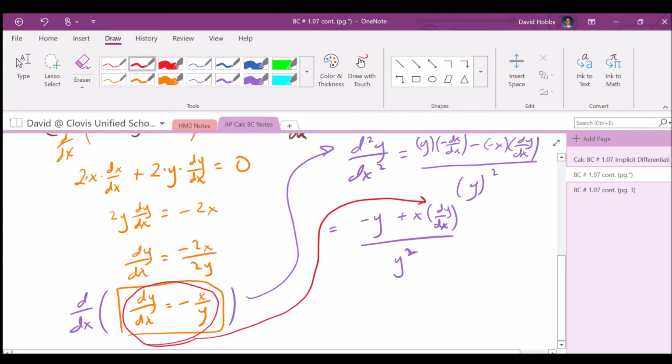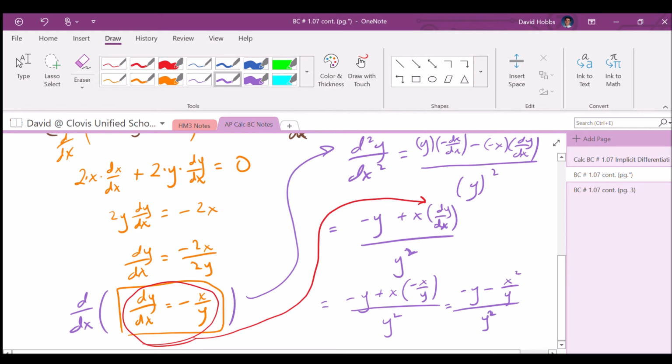And so if we substitute opposite of x over y for the dy/dx, we can continue to simplify this. So I've got negative y plus x times opposite of x over y, all over y squared. Okay, so that's really opposite of y minus x squared over y, all over y squared.